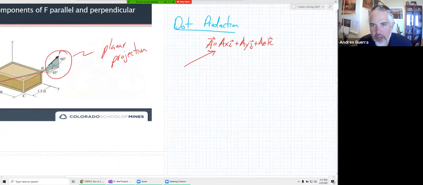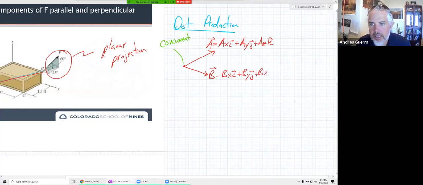And then we have another three-dimensional vector, and they're concurrent right here because they intersect. So they are concurrent right there at that spot. And then vector B is going to be a B_x in the i plus a B_y in the j plus a B_z in the k direction.